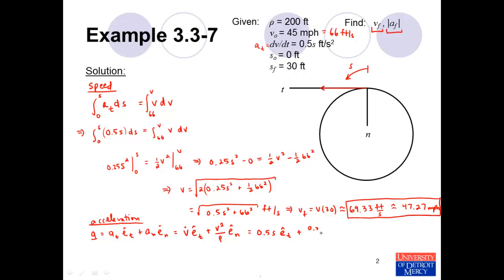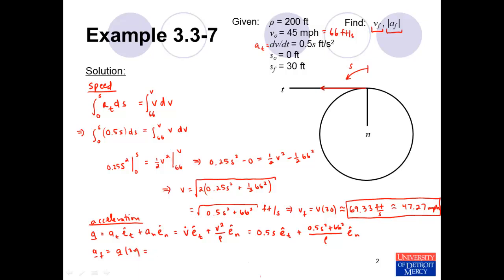We get 0.5 s squared plus 66 squared divided by rho. Okay. And so that is a general expression for the total acceleration, the vector acceleration in normal tangential coordinates. We specifically want to find the final acceleration. That is the acceleration when s is equal to 30.